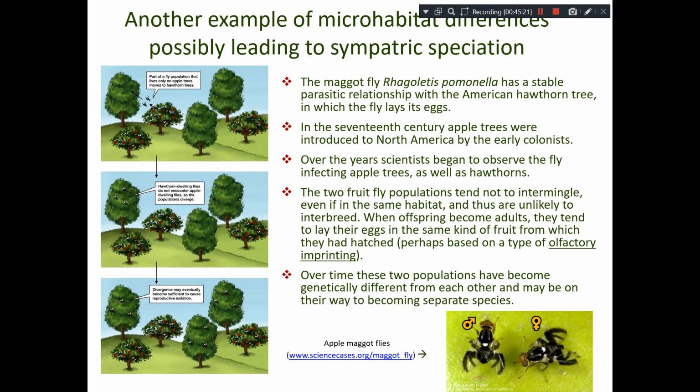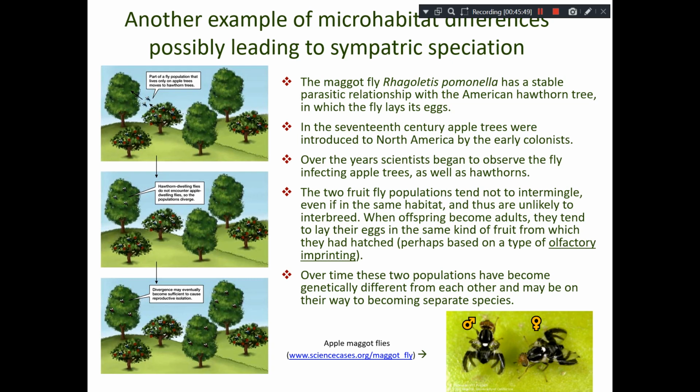When this hawthorn adult lays the eggs on the apple, the offspring which come out of the adult also started laying the eggs on the same kind of fruit from where they have been hatched. Don't get confused here. There is one particular insect, the hawthorn fly.